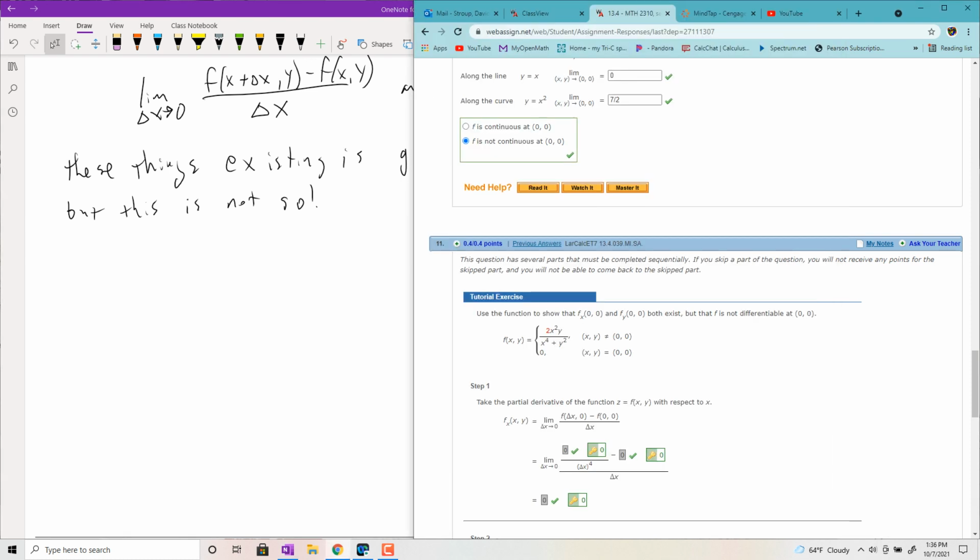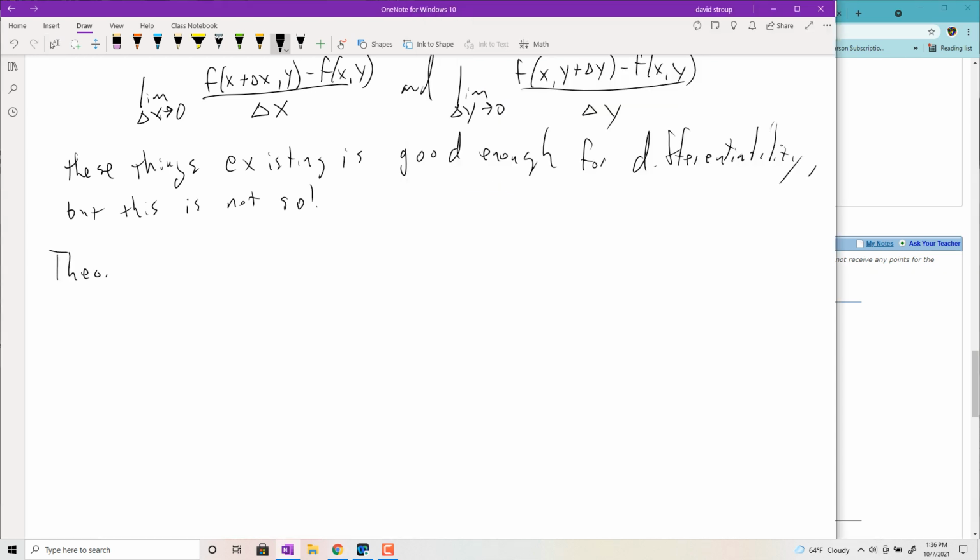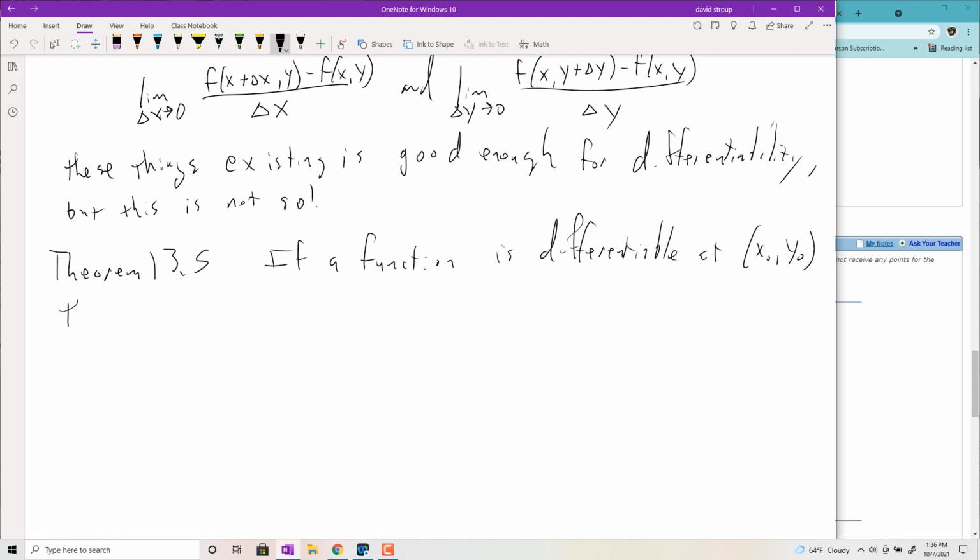One thing we should note is that if something is not continuous, it's not going to be differentiable. So we'll just tack that in here as theorem 13.5. If a function is differentiable at a point x0, y0, then it's continuous there.